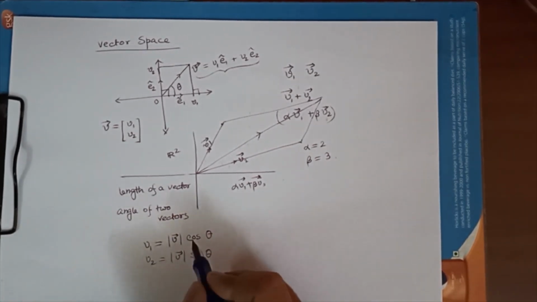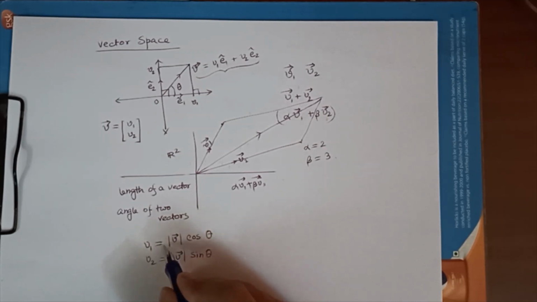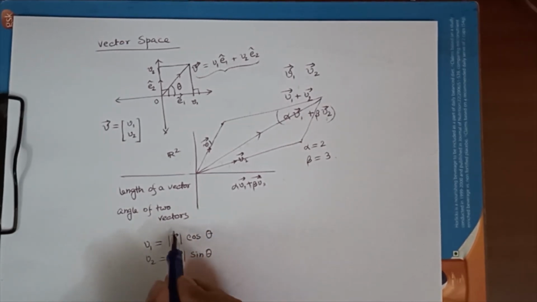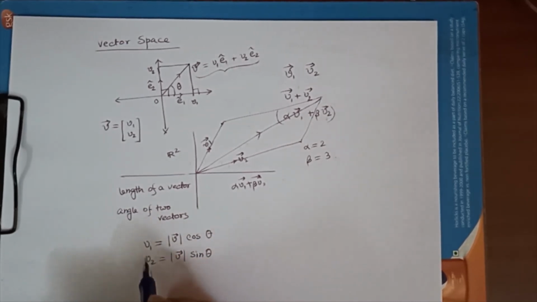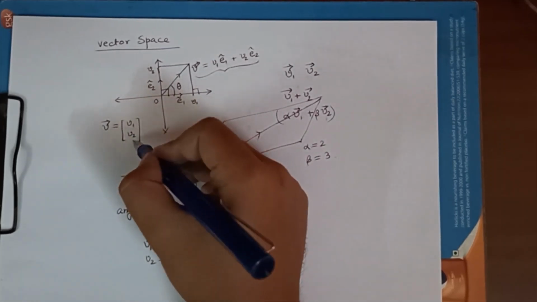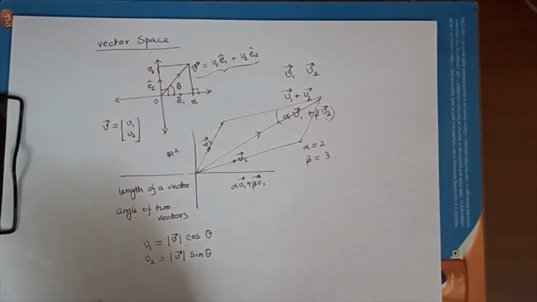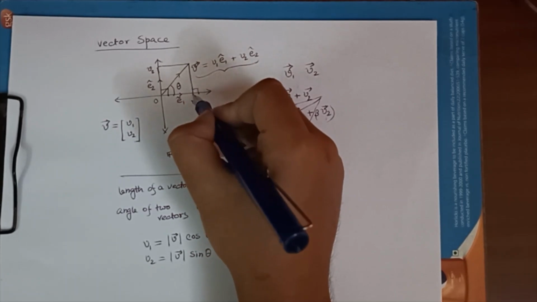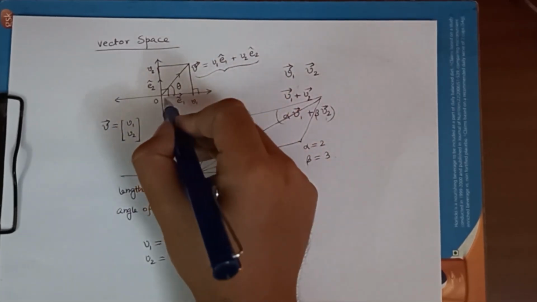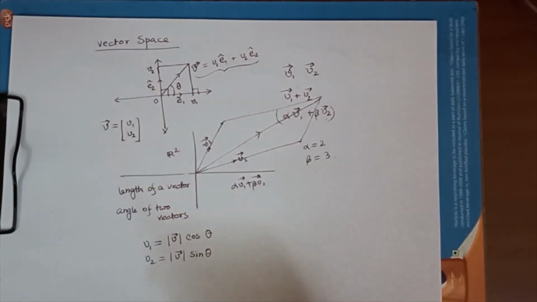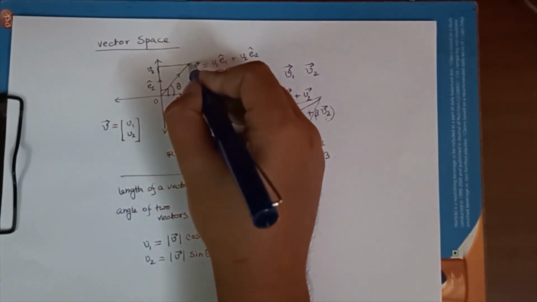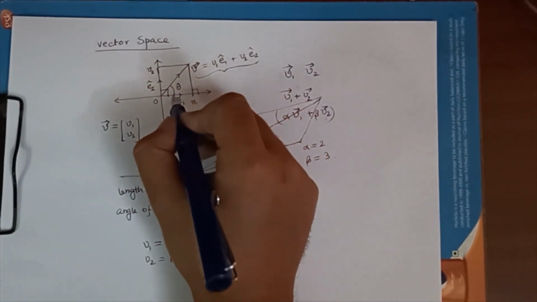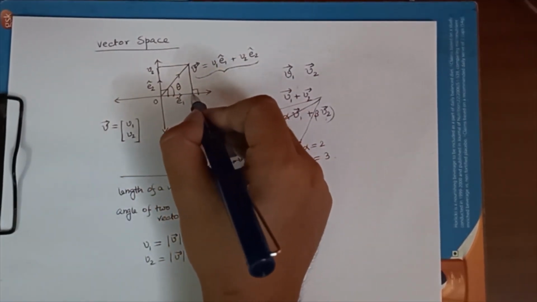If I ask you the question, how to compute the length of the vector v from these values v1 and v2, from the coordinate representation? We know Pythagoras theorem. This is a right angle triangle. These are the two sides. This is the hypotenuse. So we can compute the length as the square root of this square plus this square.